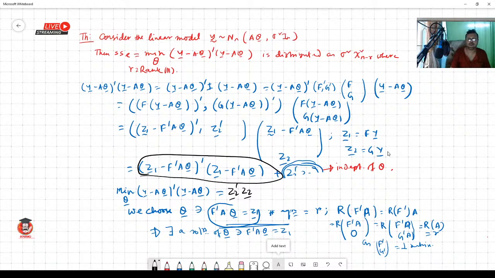Z2 follows n minus r dimensional normal with mean 0, because the expectation of z2 is nothing but gAθ, and since gA is 0, it is 0, and the dispersion is g prime g sigma square, and g prime g is I n minus r sigma square. Hence this follows sigma square chi square with n minus r degrees of freedom.